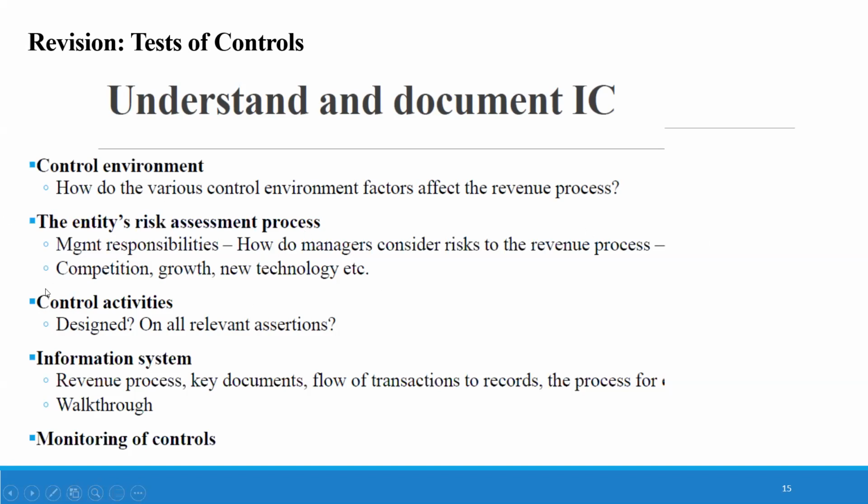We also look at the economic situation. For example, in this client, currently all the business is in a very hard economic situation. When we further look at the control activities, we look at the key controls of this company.